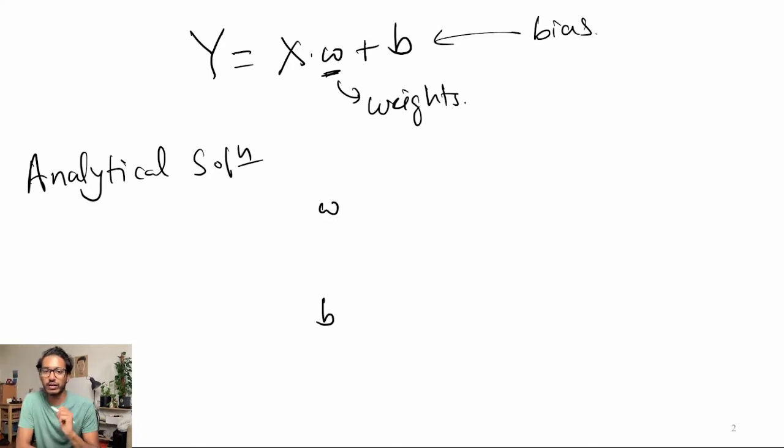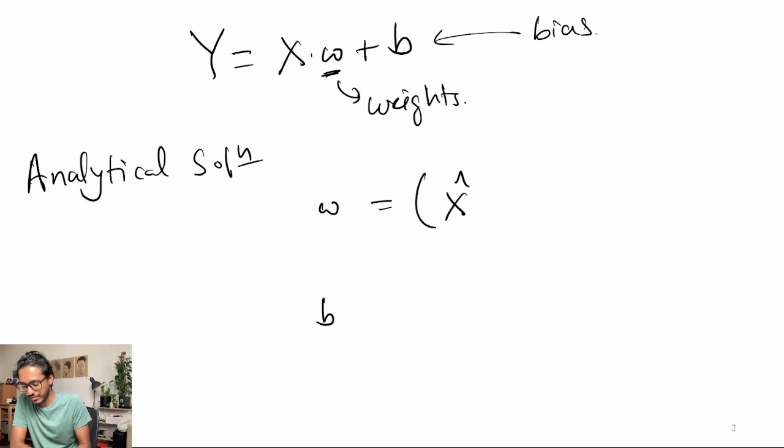Now we can prove how to get w and b, but that's a little bit out of the scope for this particular subject. So we'll consider the given analytical solution, which is x hat transpose times x hat, inverse, times x hat transpose times y.